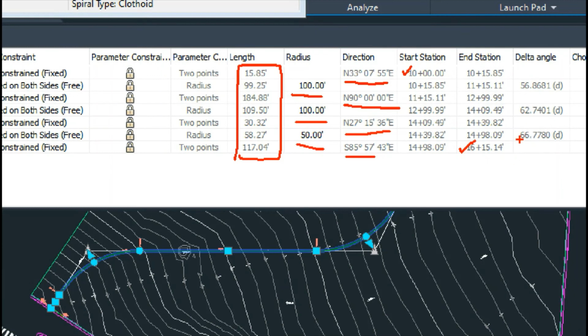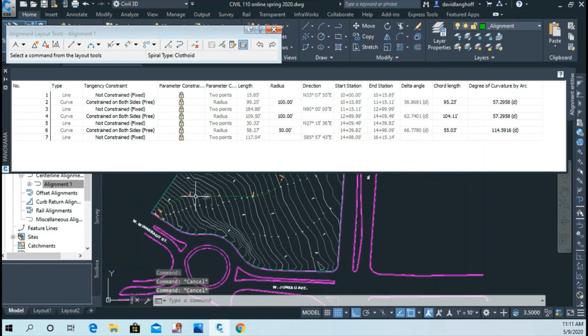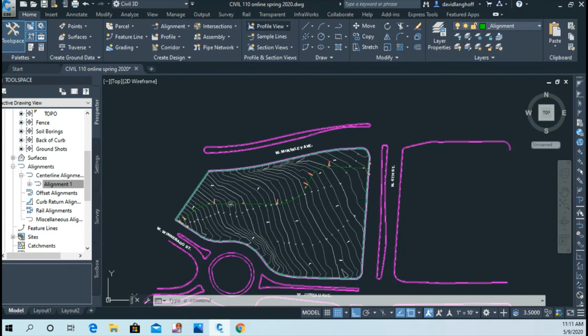Now, I did mention to you the delta angle is the overall angle of the curve. And then the degree of curvature is the angle subtended by 100 feet of arc. That's a way of describing the sharpness of the curve. So I just wanted to show you guys this. You can take a look at that if you want.